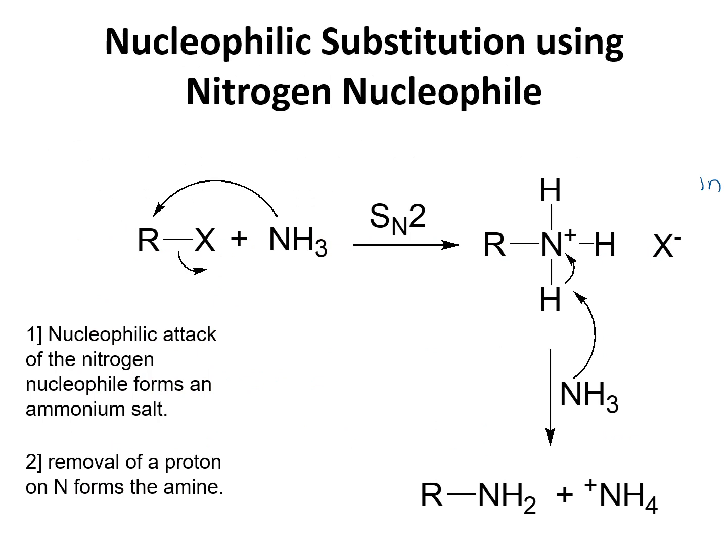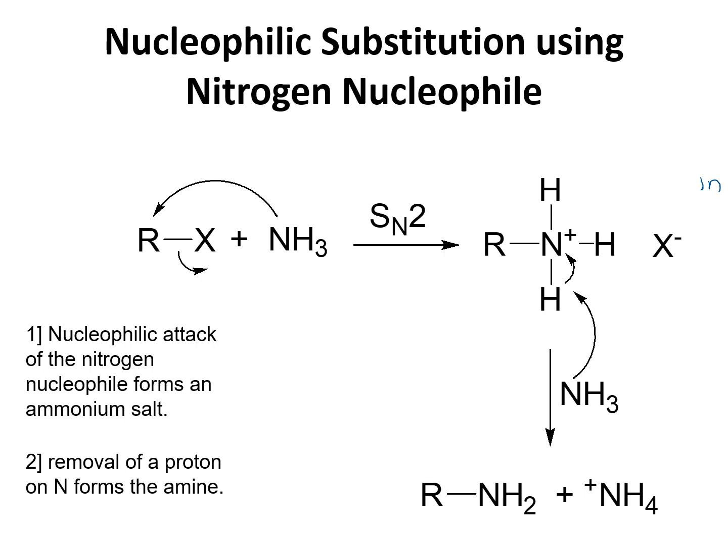The mechanism for preparing amine usually occurs through nucleophilic substitution using a nitrogen nucleophile, SN2. So we have a nitrogen-containing compound like ammonia attack the carbon and make one leaving group go out from the compound, and now we have NH3 and the R group.